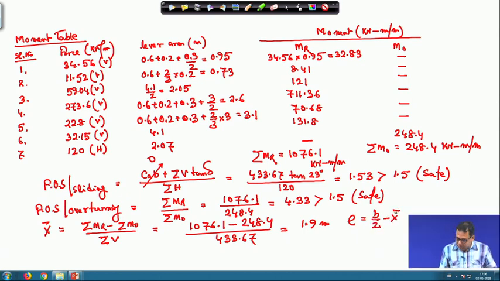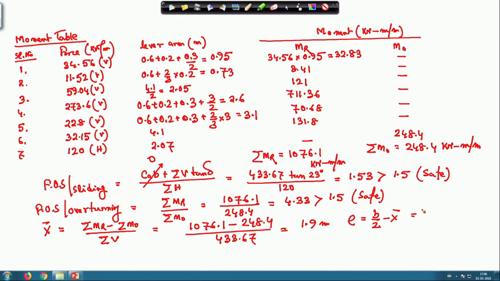That is equal to 4.1 divided by 2 minus 1.9. So, this is equal to 0.15 meter, and this is less than B by 6, because B is 4.1 divided by 6. So, this value is less than B by 6, whether capital B or B dash. So, this is okay.